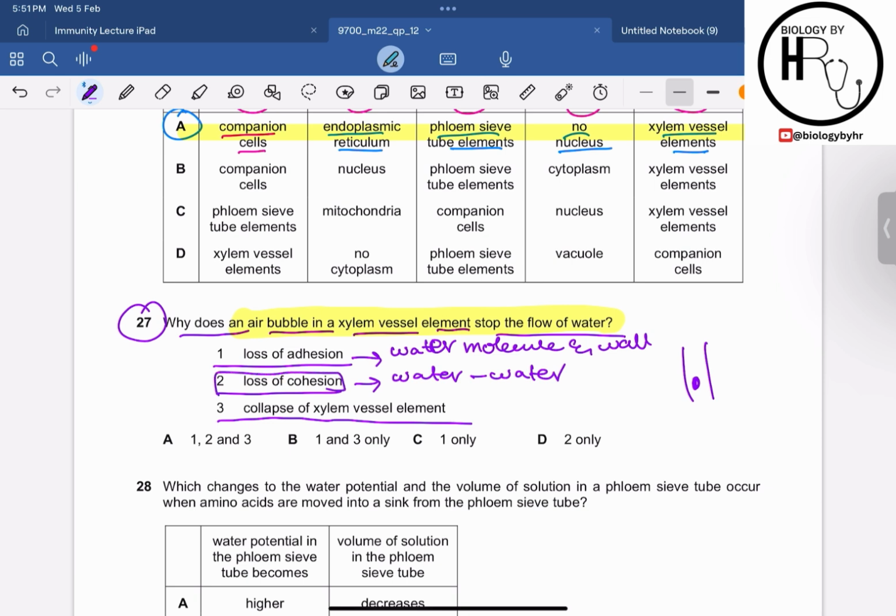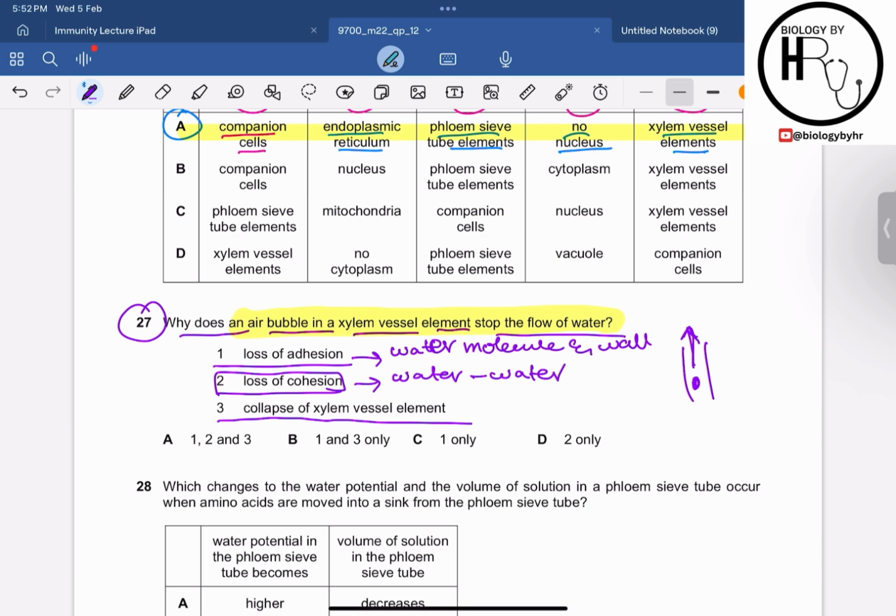Why? Because we know that the water moves up the xylem via the cohesion tension theory. The water molecules stick together, which is known as cohesion, and are pulled upwards due to transpiration. If an air bubble forms, it will break that continuous water column.